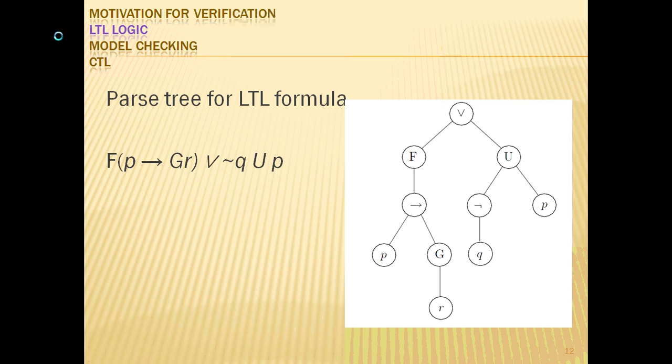Negation binds close to the given proposition, and hence negation binds to Q, until binds next to the negation, and hence negation of Q until P forms one subtree, and for some future step P implies G of R forms another subtree. Combining these two subtrees using the OR gives the parse tree for the LTL formula.